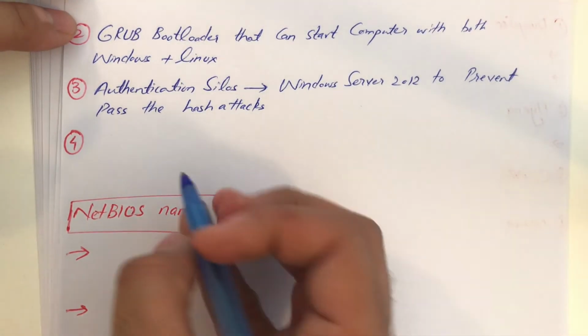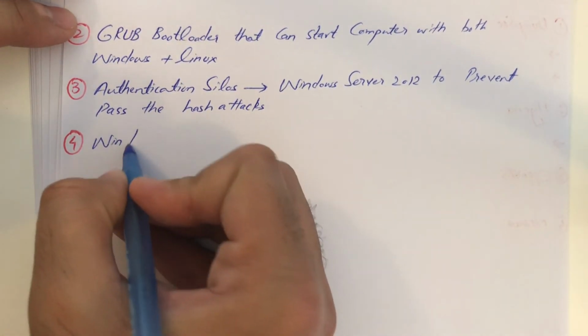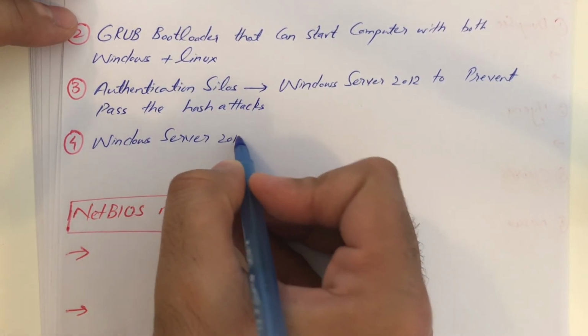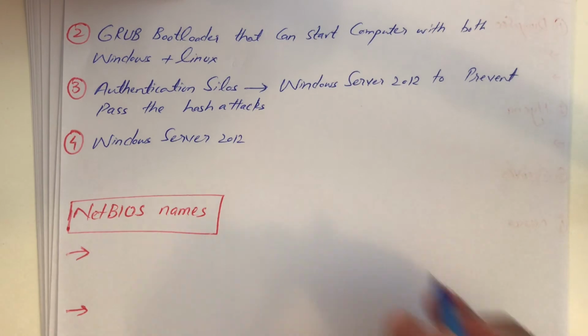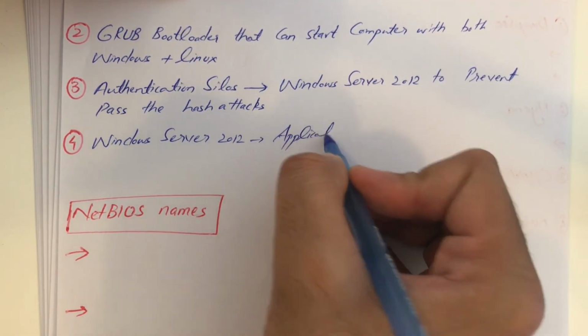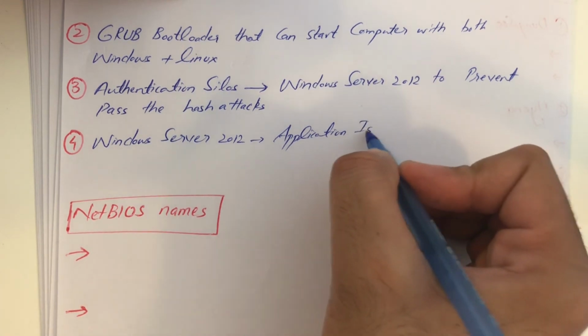Then another feature which was introduced on Windows Server 2012, and again it's a part of Windows 10 as well, is called the application isolation feature.